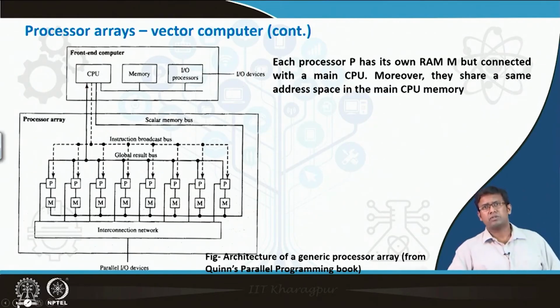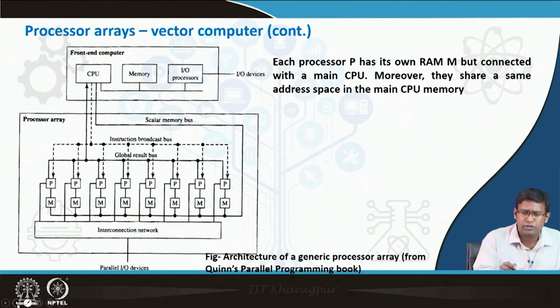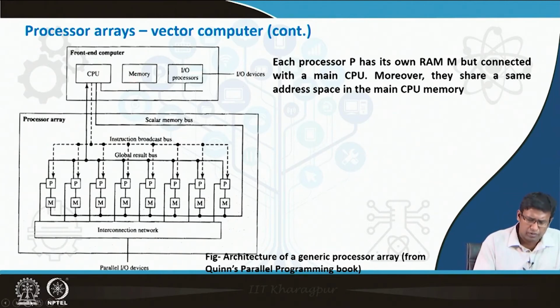Each processor has its own RAM, but is connected with a main CPU. Moreover, they share the same address space which is in the CPU memory. So, all these small memories in some way mirror some part of the memory in the main address space.